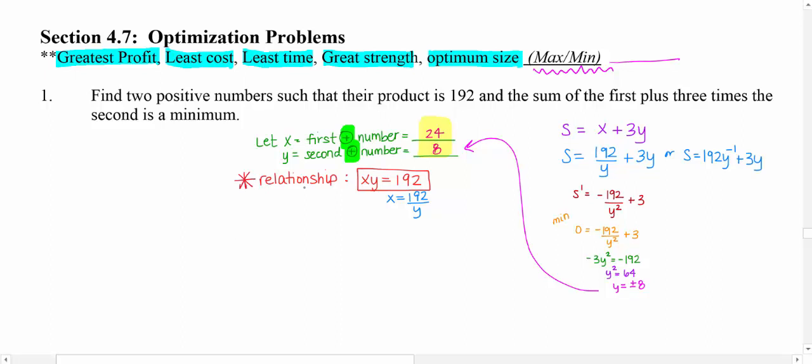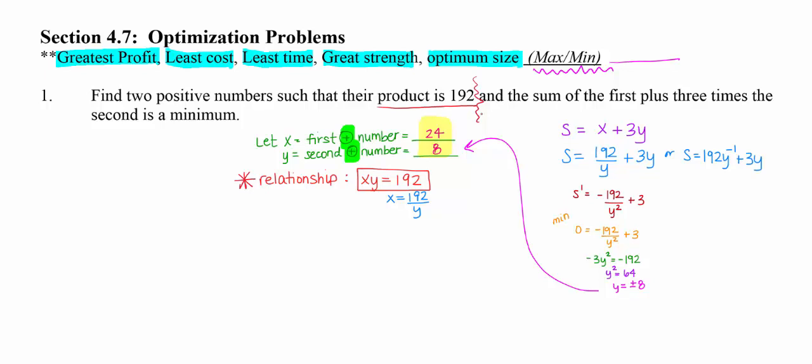So this relationship between the two variables: it says find two positive numbers such that their product is 192. There's almost a period or a stopping point in your problem after that statement. Their product is 192. That has nothing to do with anything changing or a rate of change or a derivative. That is a known fact.